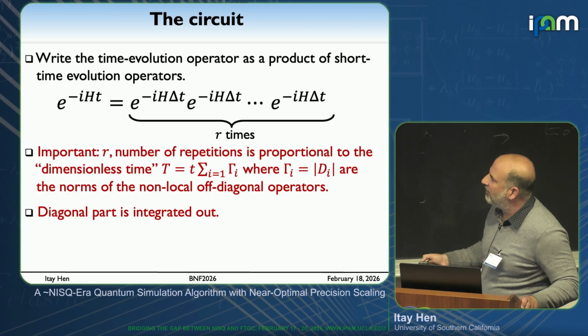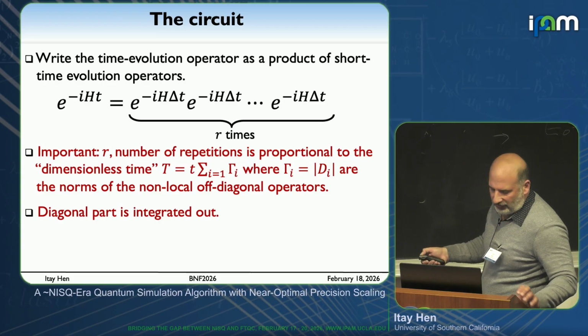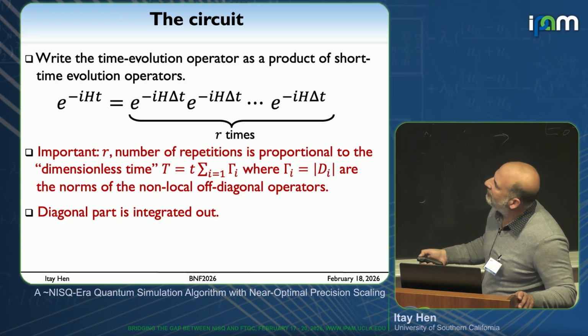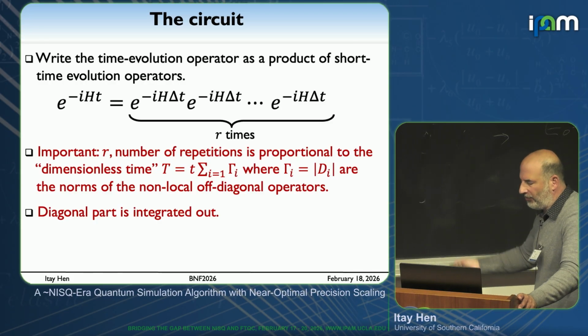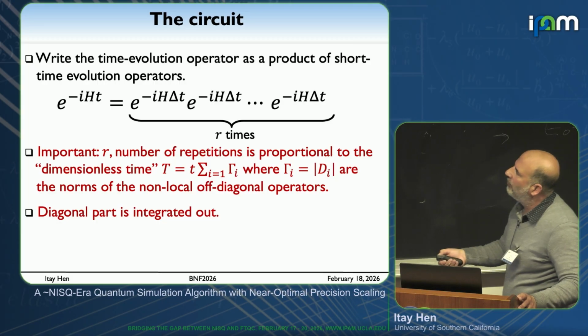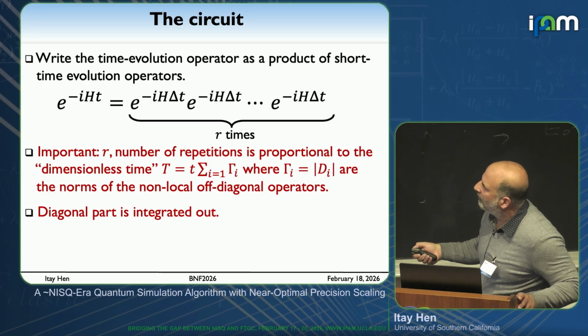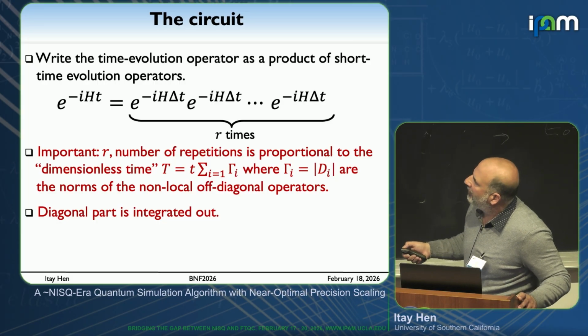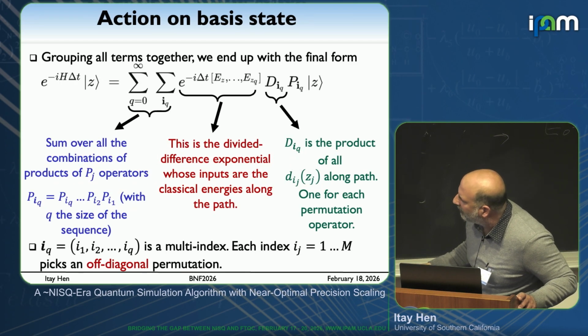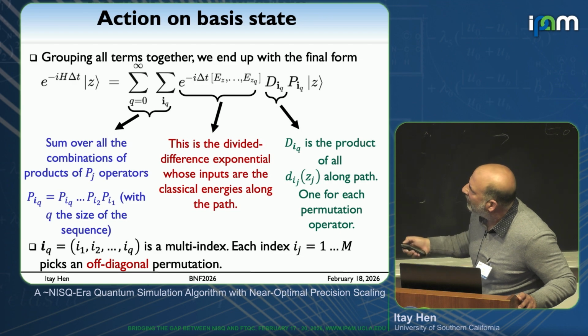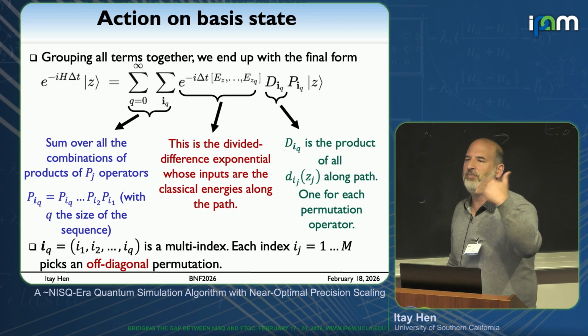So I'll say again, if we go back to e to the minus i H delta t, we write it as before, as with Trotterization, as with LCU, as a product of short time evolutions. But the trick, which is maybe important that I skipped, is that the permutations that appear here don't include P0.